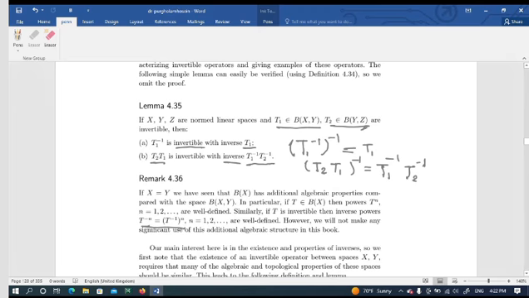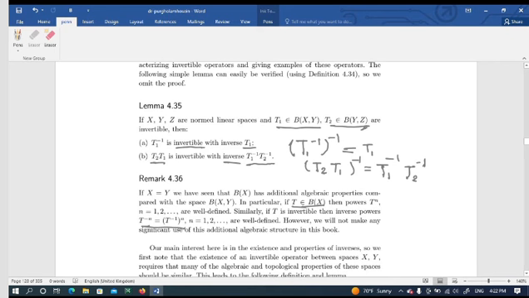And for an invertible bounded operator T, we remember that T power n is the composition of T with itself n times.